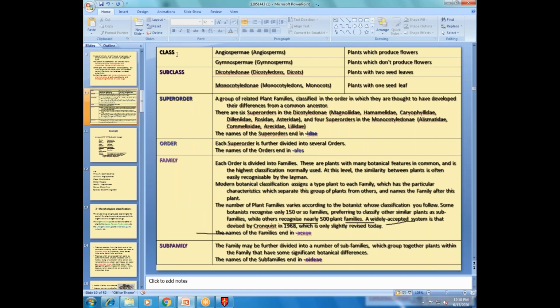This is how we usually do it: the class is angiosperms and gymnosperms. Angiosperms produce flowers; gymnosperms don't. In that there are subclasses, monocots and dicots. Dicots have two seed leaves, and monocotyledons have one seed leaf.